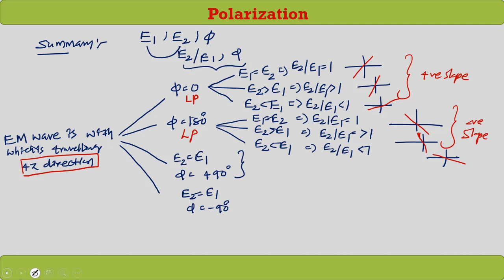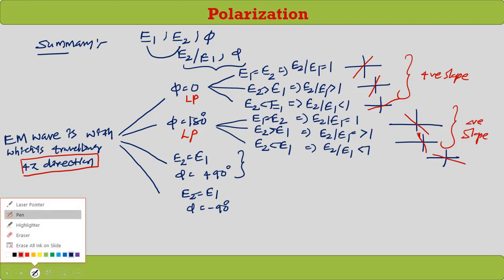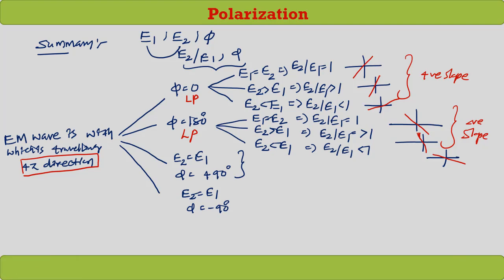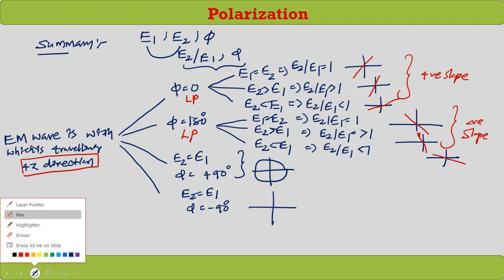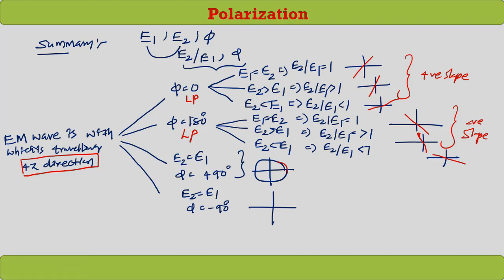So if we continue like this, we'll get circular polarization here, but here it is left-handed CP.